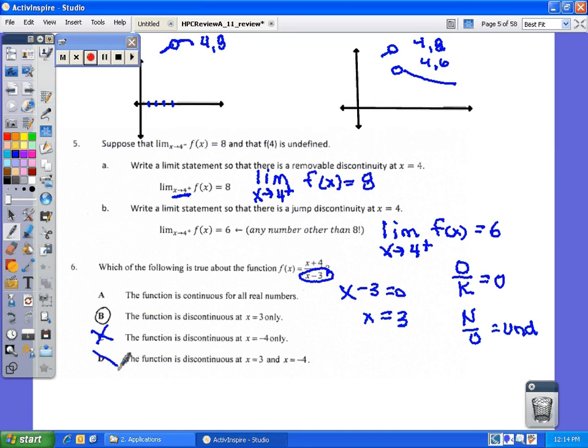And D. And A is wrong because it says the function is just continuous everywhere. Well, no, it's not. And you have to remember, rational functions are discontinuous if you have 0 in the denominator. So that's not right. So by elimination, I could say that this is going to be true, that there will be discontinuity when x is 3 only.